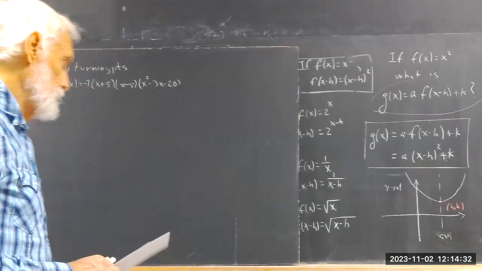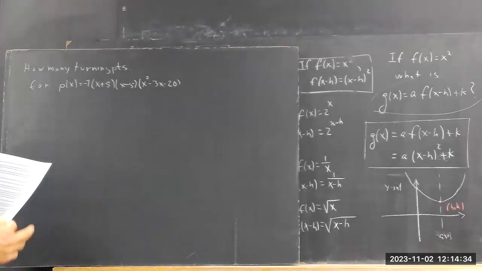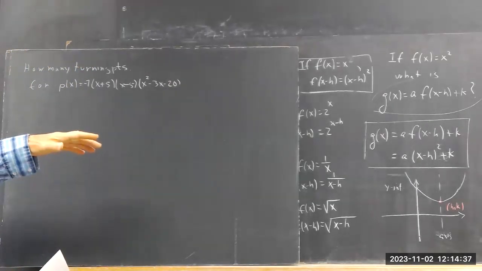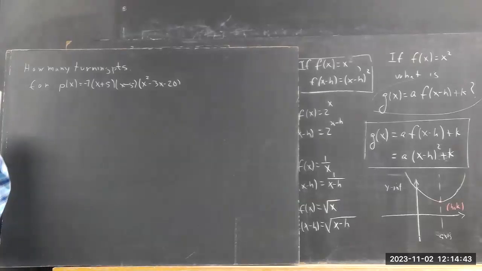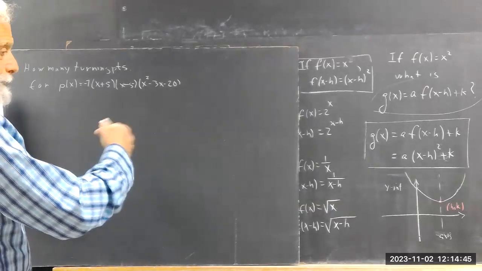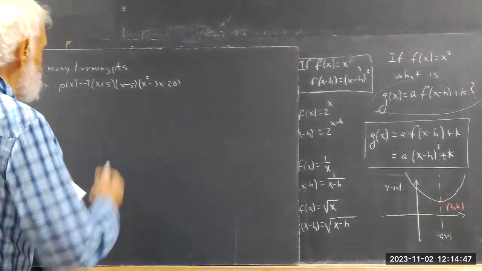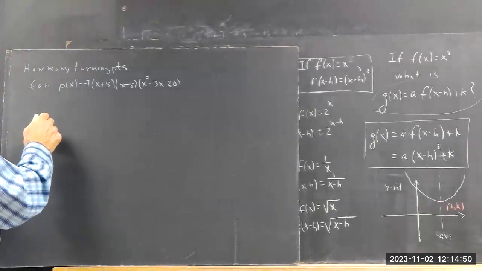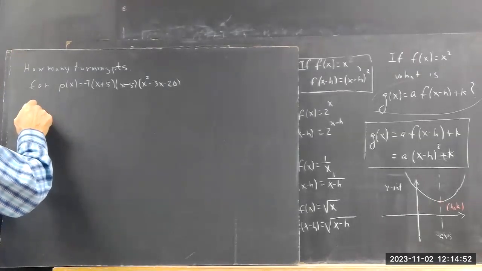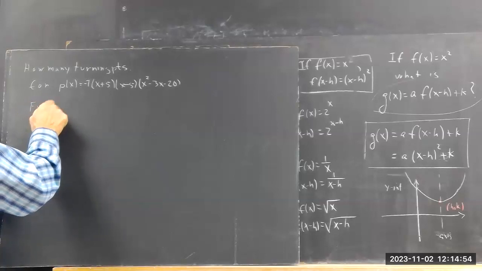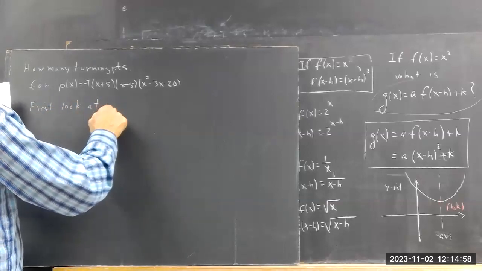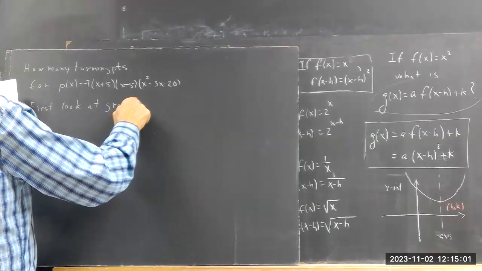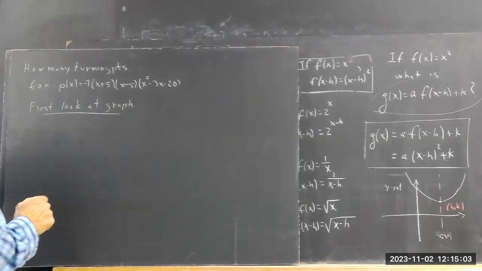Okay, that's a little bit of an unfair question because you can have a turning point above or below the x-axis, but you don't necessarily have that. We're not going to get into figuring that one out. Okay, so first you want to look at the graph.